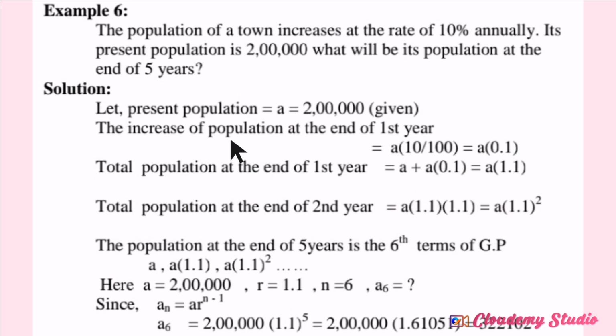The increase of population at the end of the first year will be A multiplied by 10%. So this is equal to A into 0.1. Total population at the end of the first year will be A plus A into 0.1. This becomes A into 1.1.